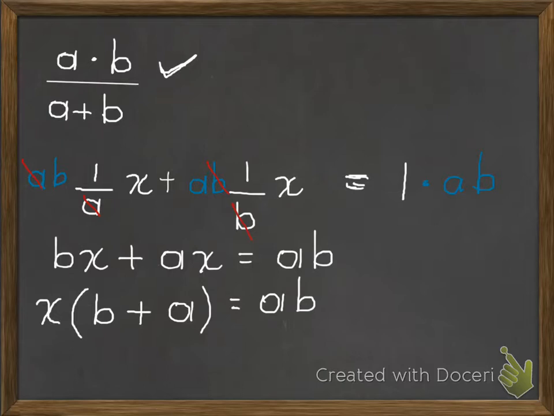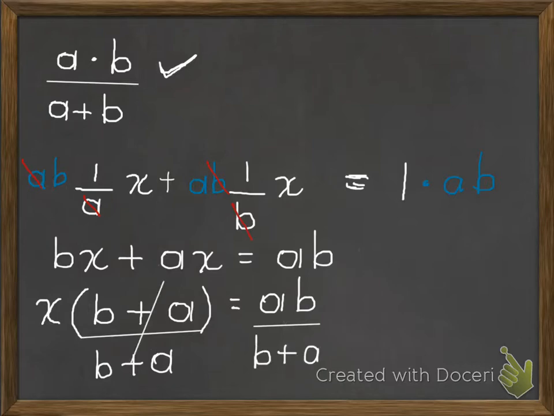If we want to get x alone, we have to divide both sides by B plus A. That way this cancels out.